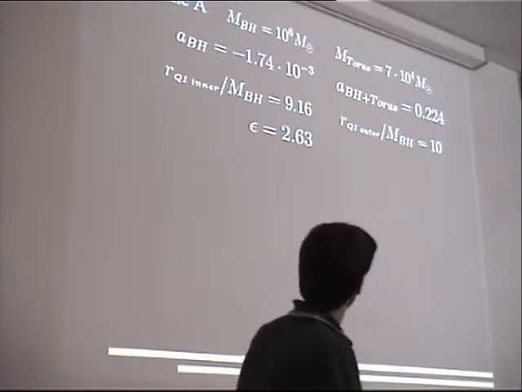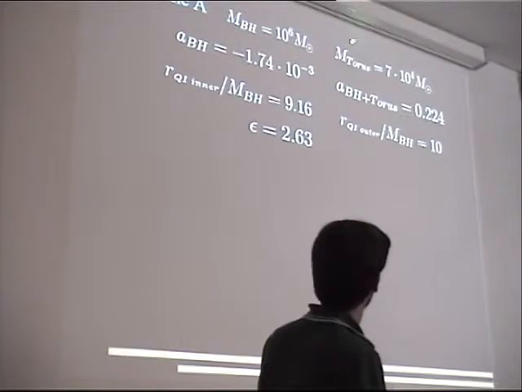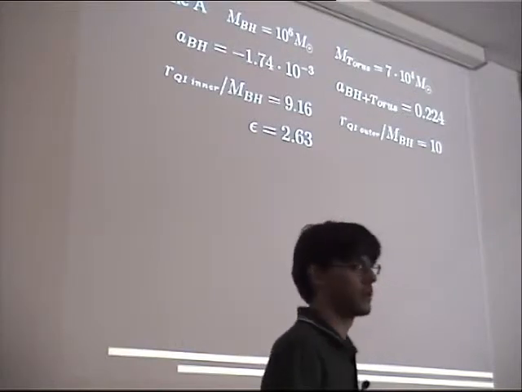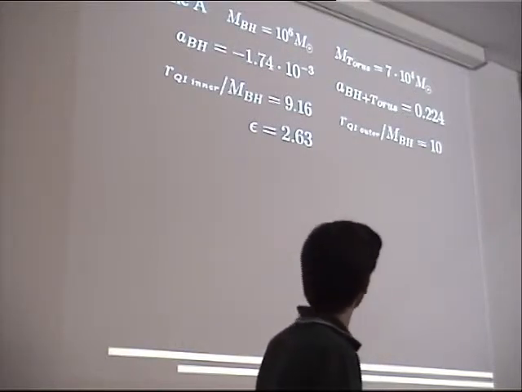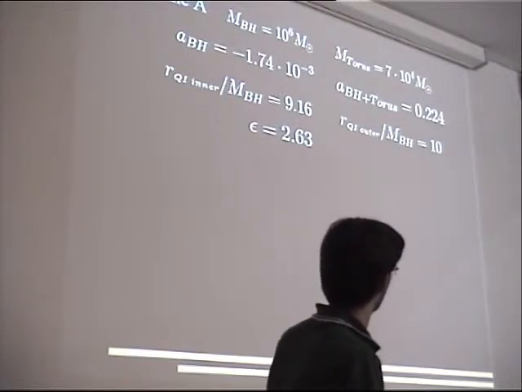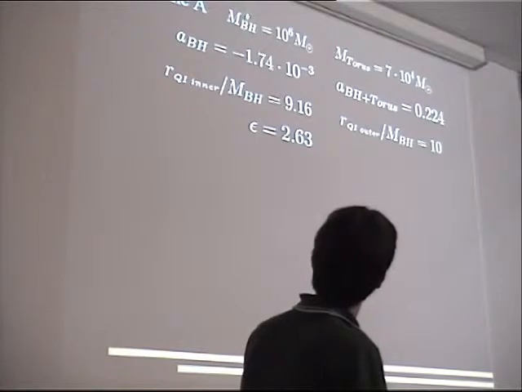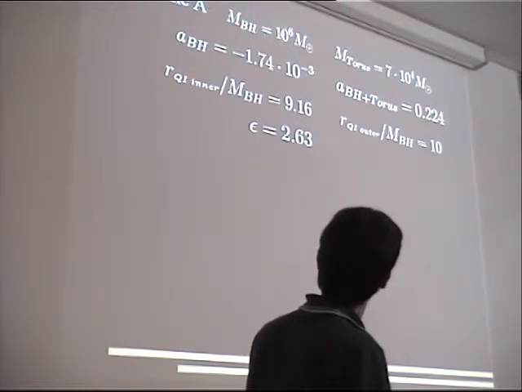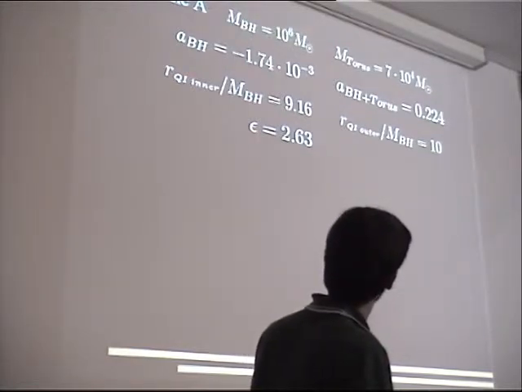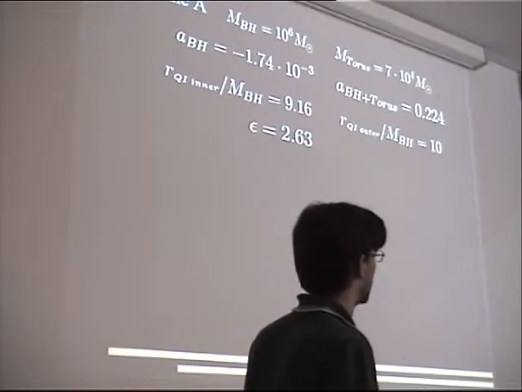But we chose these values to try to maximize the effects of the astrophysical bumpiness on EMRIs. So here we have a central black hole with a mass of 10 to the 6 solar masses, and the torus of 7 times 10 to the 4 solar masses. So it's a mass ratio of more or less 1 over 14.